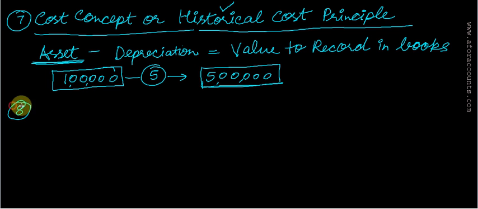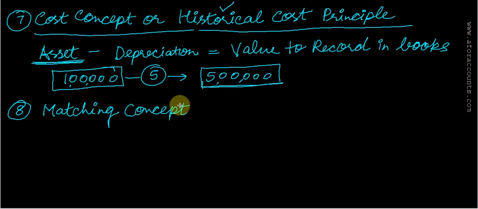Now the next principle, matching concept or matching principle. You can get short objective type questions asking why you have recorded it at cost price, or why you have not recorded it at market price, due to which principle.